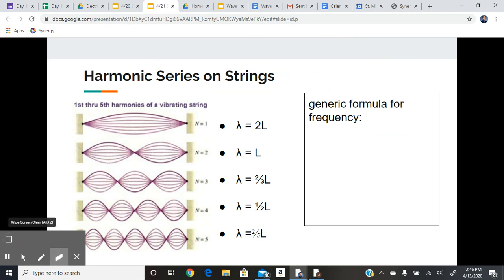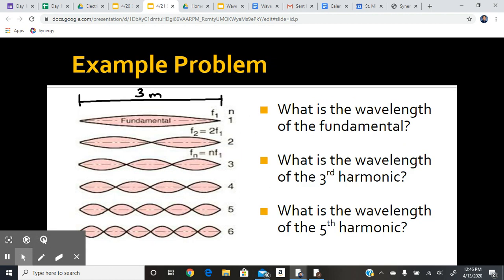All right, so let's take a look at what that would look like. If I were to ask you, what is the fundamental wavelength of this given problem here? That one's pretty easy, because if this whole length here is 3 meters, well, then the wavelength of my fundamental is going to be 3 meters.